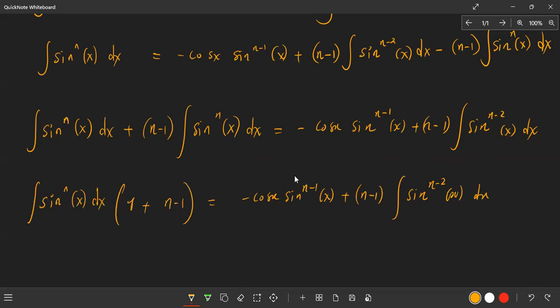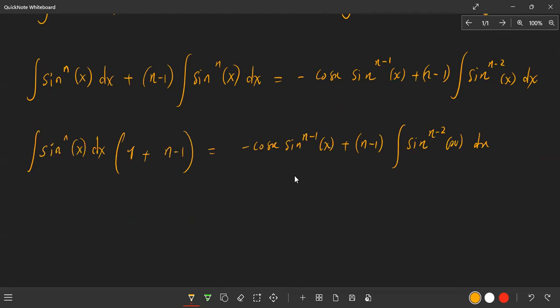So this and this can cancel, just 1 and n there. Okay, so I can divide throughout by n, isn't it?